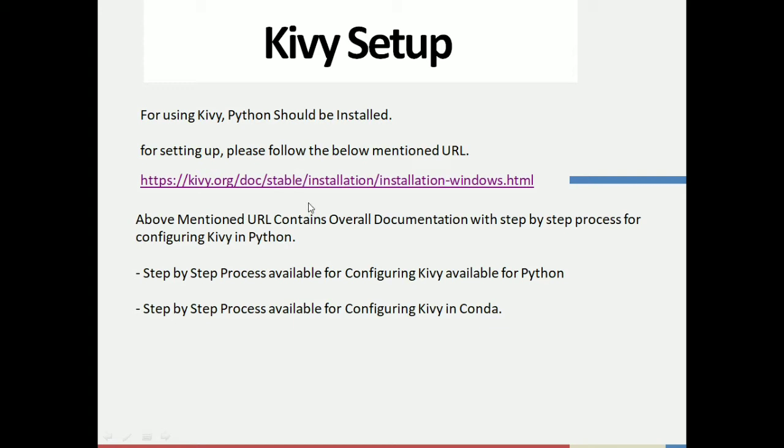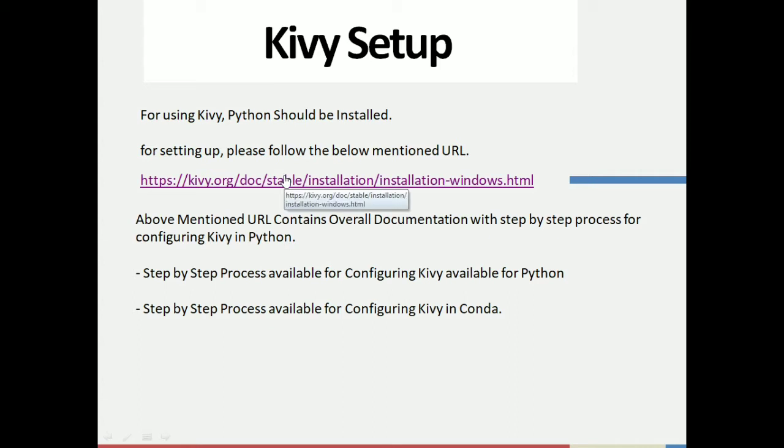It contains the overall documentation with step-by-step process for configuring Kivy in Python. If you are using Python, you have the configuring of Kivy available. If you are using Anaconda, there is a separate process for configuring Kivy in Anaconda.